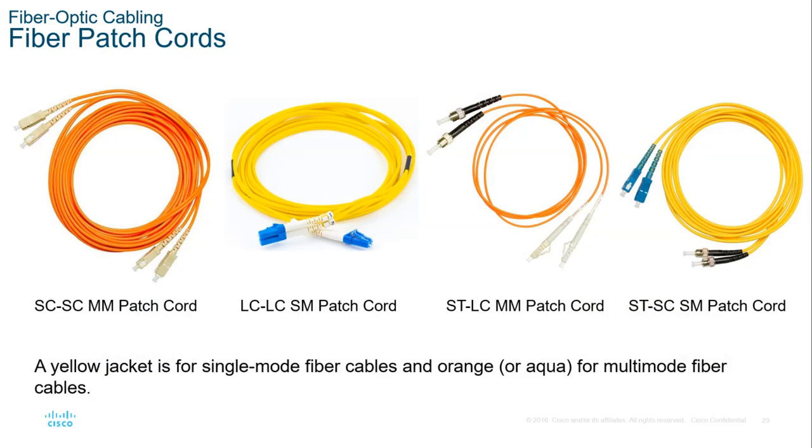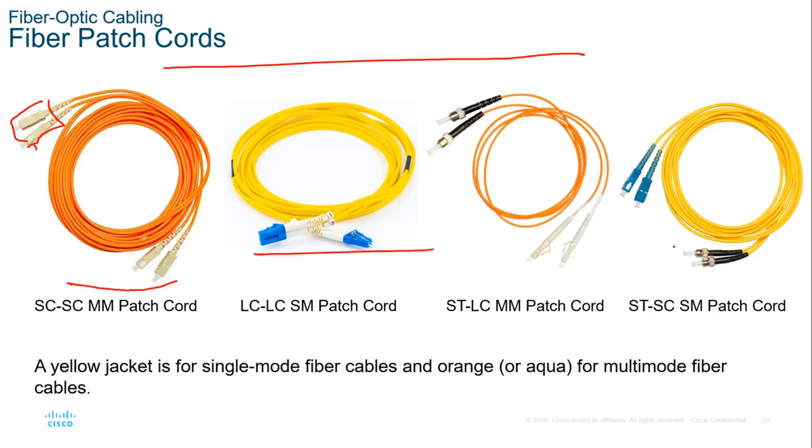So the fiber patch cords that I was talking about the other time, we were actually seeing the connectors, but here these are the cords that I was actually talking about. Those short cables are used to interconnect devices over short distances. A yellow jacket is for single mode fiber cable, and orange is for multimode.